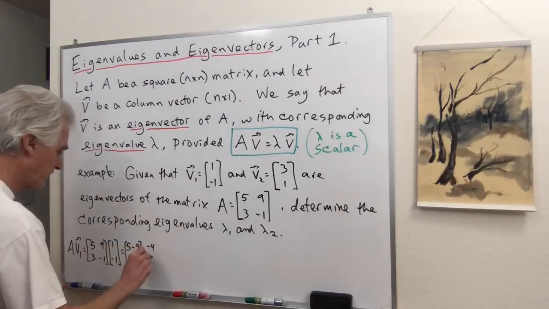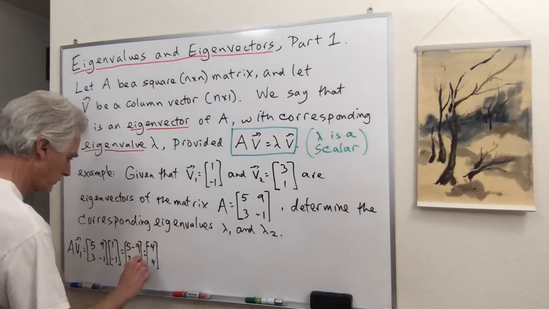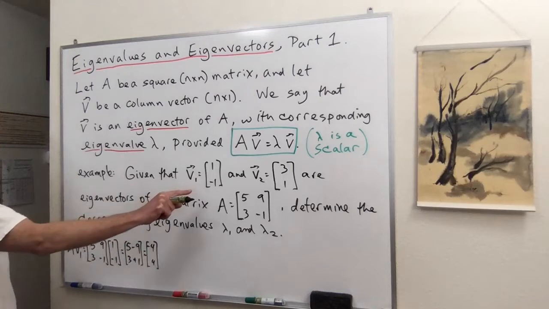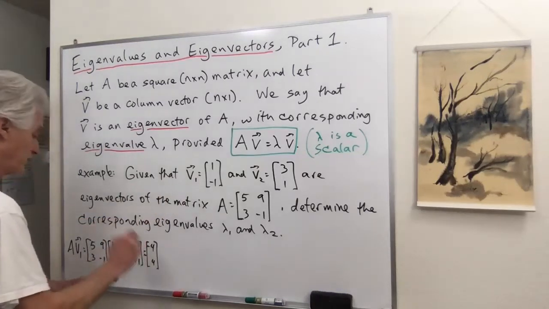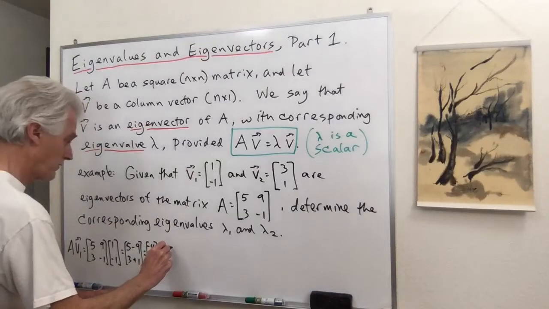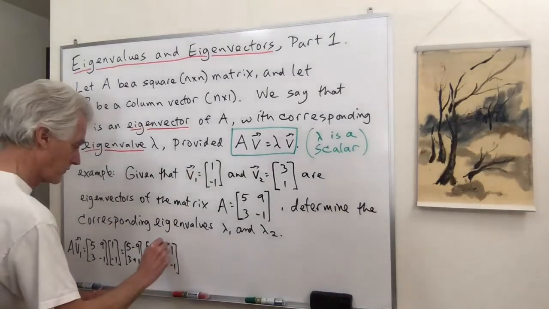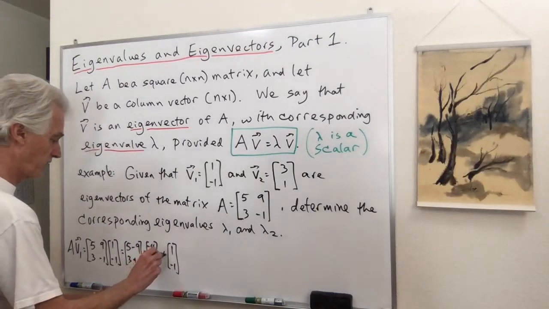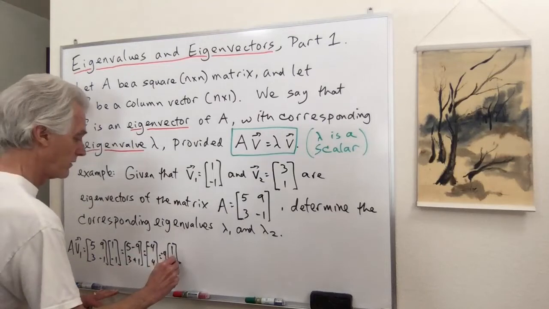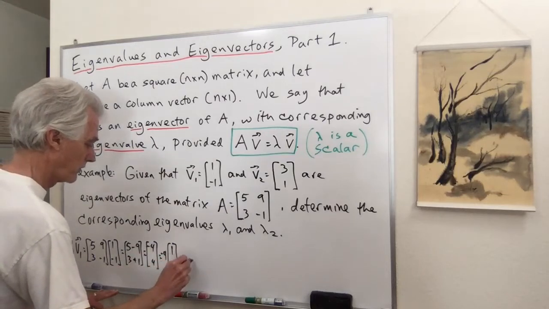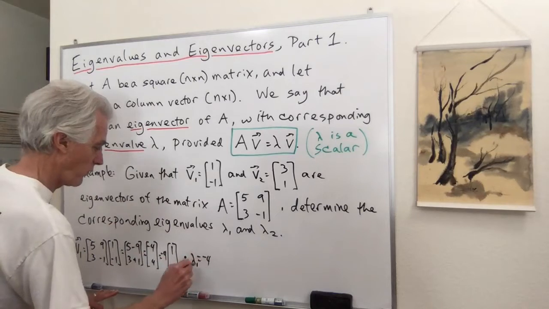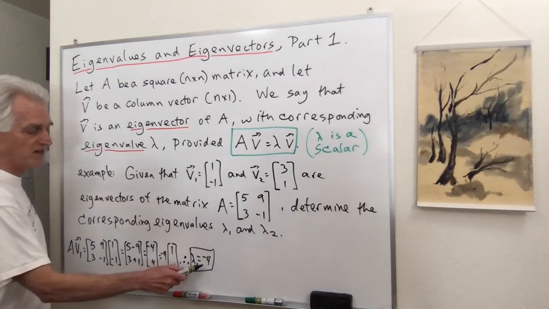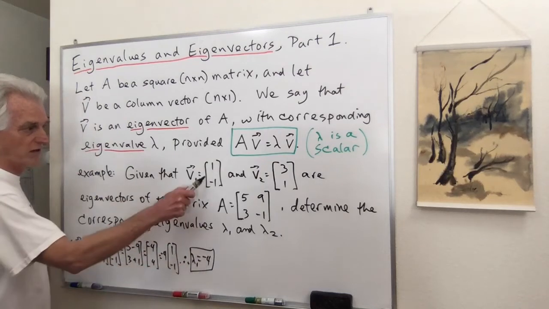This gives me negative 4 and 4. So they told me that this was an eigenvector, V1. So they're saying that the result is some scalar times V1. So that scalar has got to be negative 4, isn't it? Therefore, lambda 1 is negative 4. That's the first eigenvalue. That's the eigenvalue corresponding to the eigenvector (1, -1).